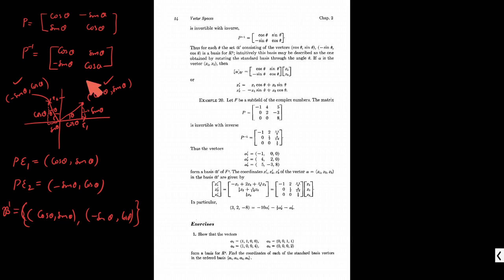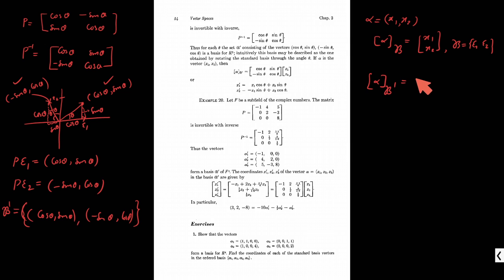Now, in the previous example, we have seen that if alpha is equal to (x1, x2), the coordinate of alpha relative to the standard basis B, epsilon 1, epsilon 2, is (x1, x2). Now using this, we can find the coordinates of alpha relative to the basis B prime constructed using this P.